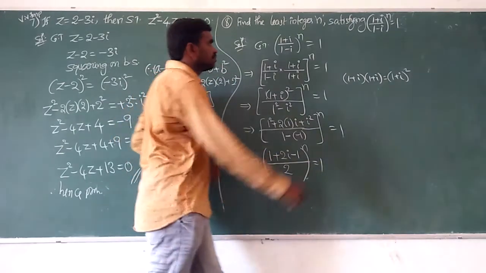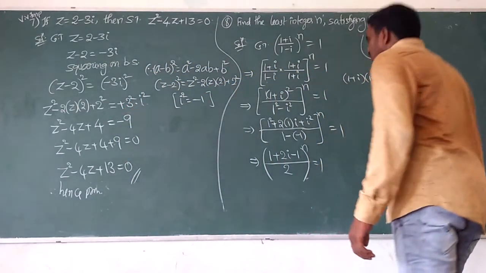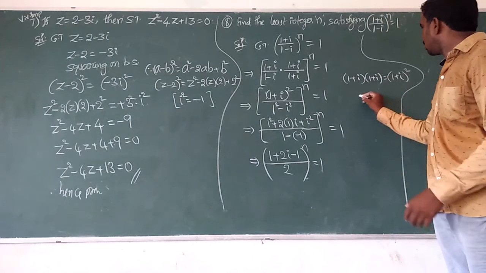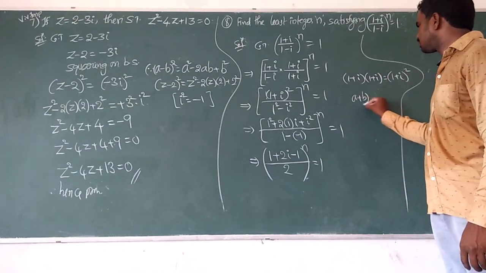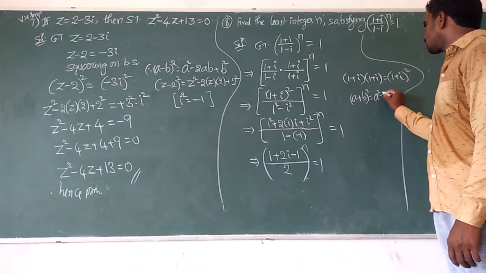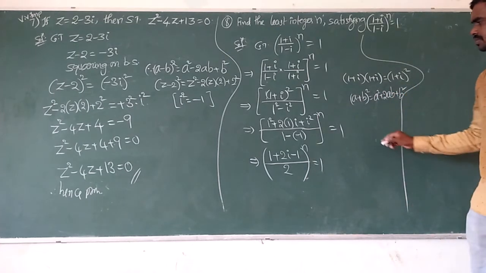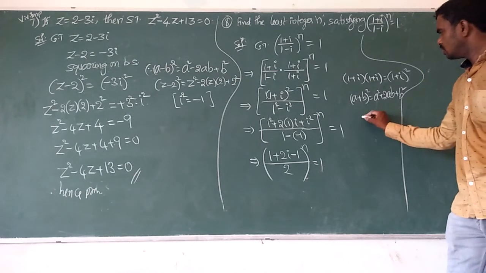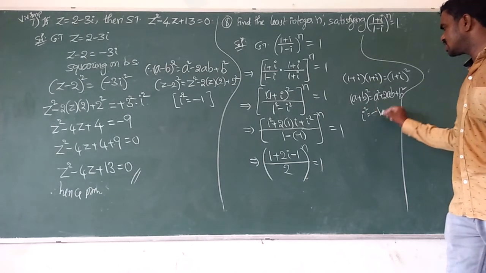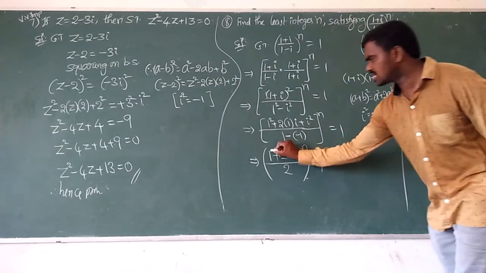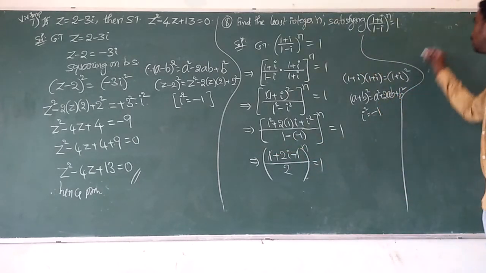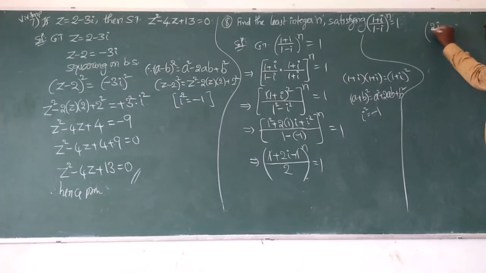Now apply the a plus b whole square formula and substitute i square as minus 1. The 1 minus 1 cancels, remaining 2i by 2, whole power n equals 1. The 2 cancels, so we get i power n equals 1.